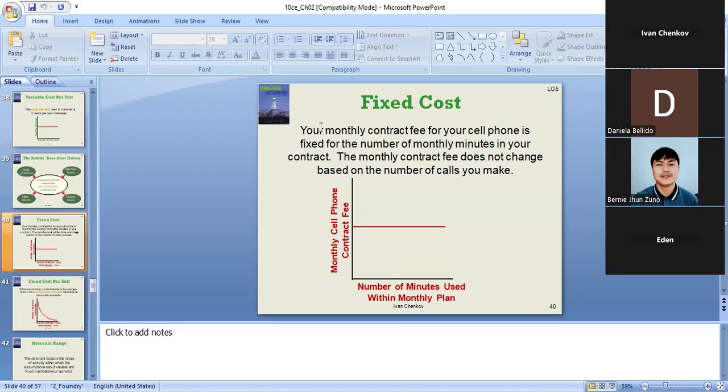You pay for the full month. Same with your monthly rent, which is for a period of time. Once you pay once, you don't have to pay the same amount every morning. You pay it once and then you're using it for the entire month. So the total fixed cost always stays the same.